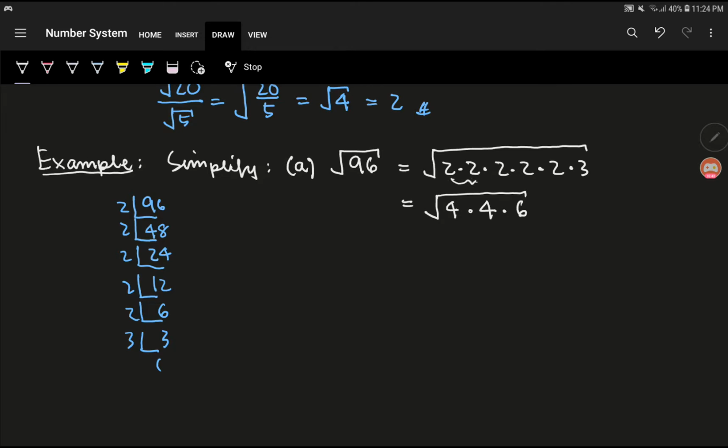These 2 multiplied, we have 4, these 2 multiplied, we have 4, and then 6. So we can separate them: surd 4 multiply surd 4 multiply surd 6. And because 4 is a perfect power of 2, we can write it as 2 multiply 2 surd 6, and 2 multiply 2 is 4 surd 6.